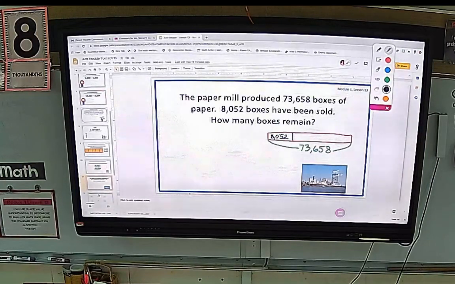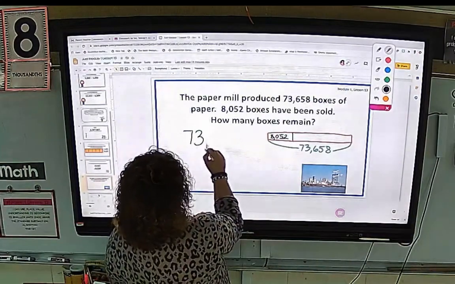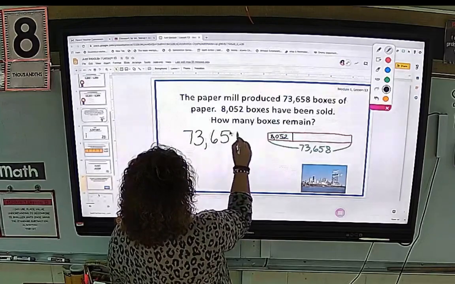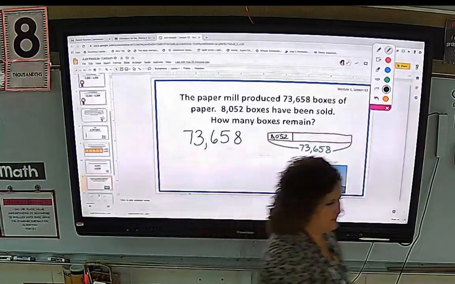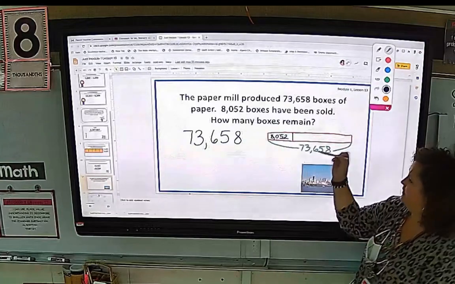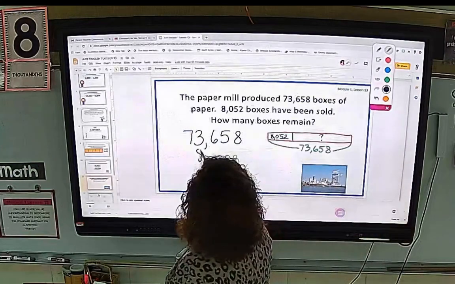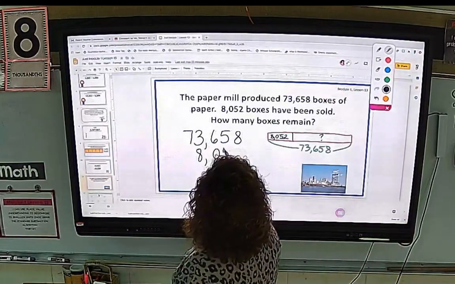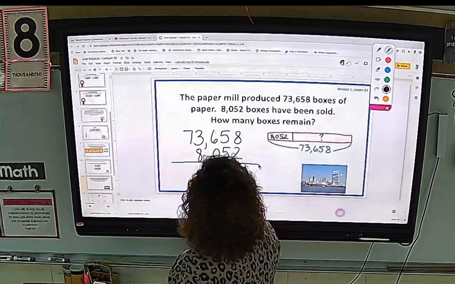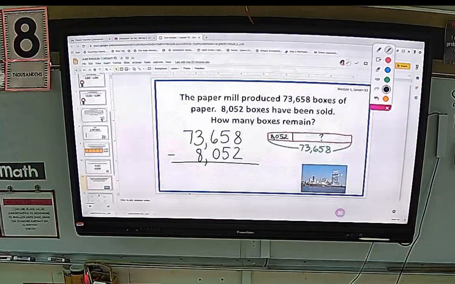This is what I'm seeing on most of your boards, that you're starting off with 73,658, and that is correct. You would start with that for our subtraction problem. You would subtract the piece that we do have to find what we don't have. We would subtract 8,052, and a lot of you are in the process of writing that right there. Okay? So once you've got that written, go ahead and subtract. Let's see what is missing.